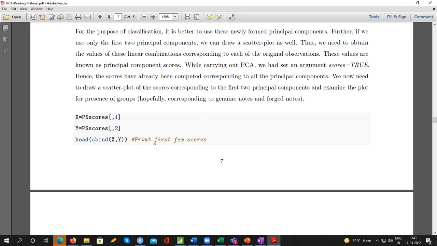Now that we have carried out the analysis, we want to see the score plot. For drawing the score plot, we need to see the scores. So what are the scores? Just a minute.